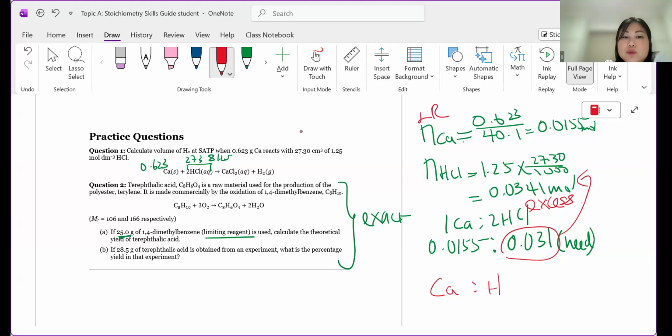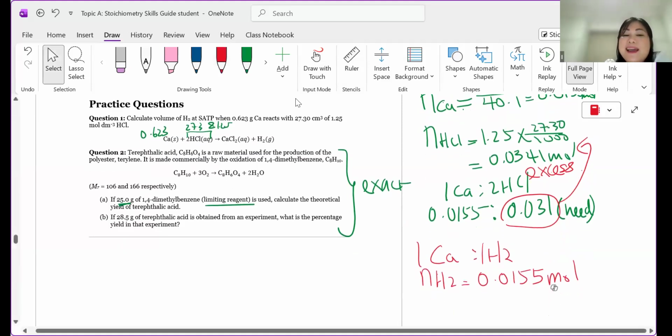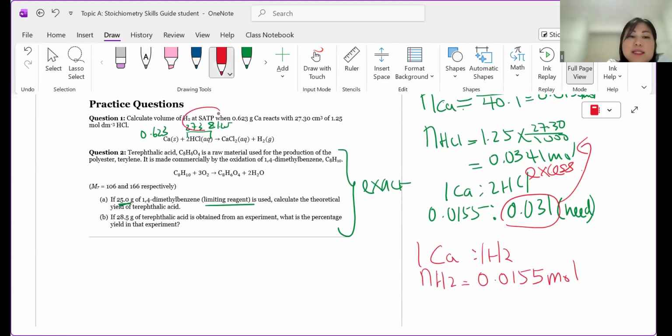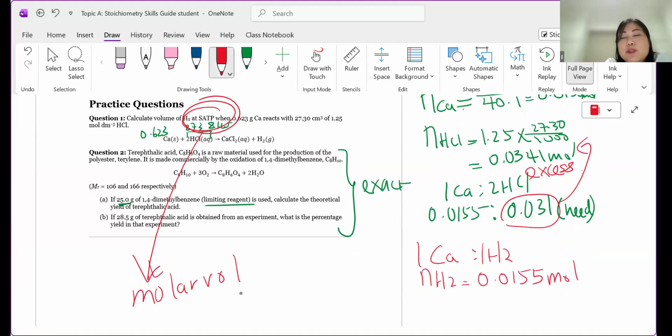Calcium is to H2 is 1:1. So number of moles of H2 will also be 0.0155 moles. And the question is asking for volume at SATP. So SATP molar volume, we just recap on the first page, 24.8 dm³.